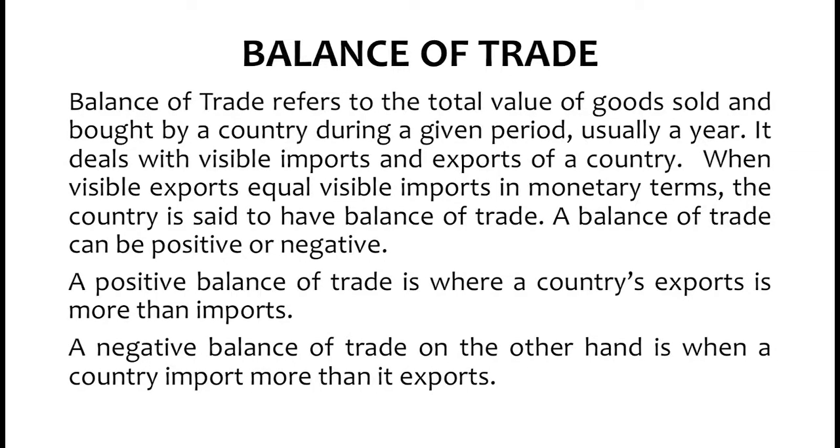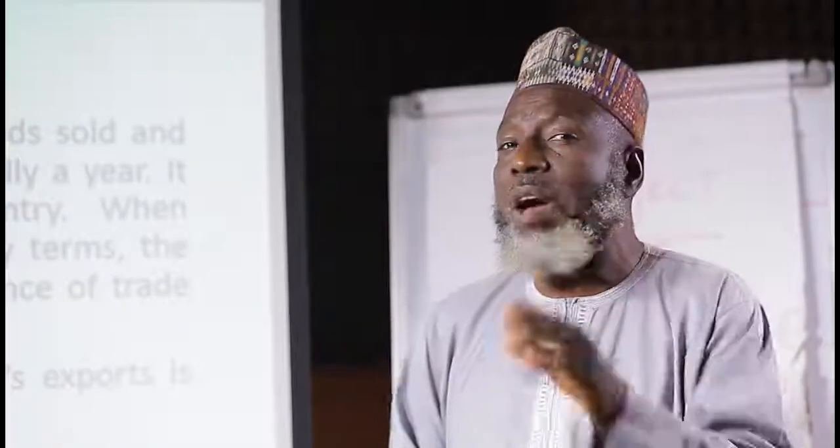It deals with what is known as visible import as well as invisible import, visible export as well as invisible export. We have explained these terms in our two previous classes.